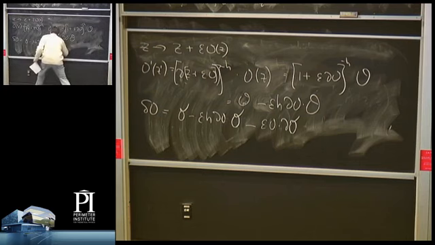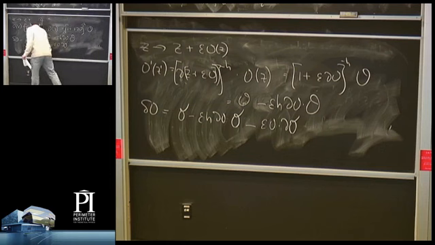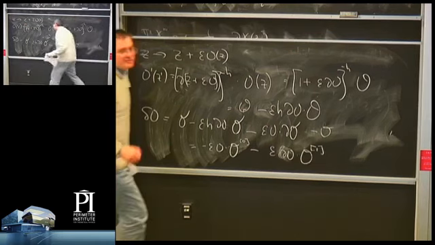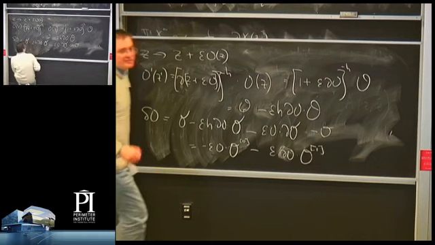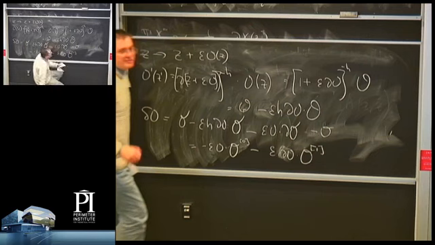So that's epsilon b times del O. There is a subtle difference between my O and O prime, and then I have to subtract O. And so this equals minus epsilon b times O of 0 minus epsilon del b times O of 1.